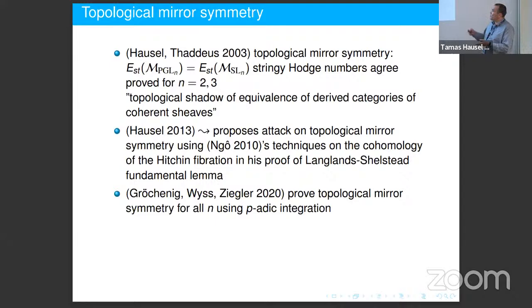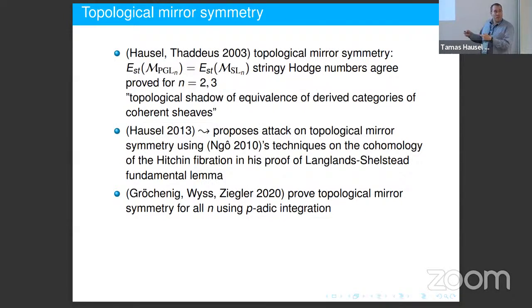Very nicely, it was actually two of my former students, Michael Gröchenig and Dimitri Wyss, together with Paul Ziegler, who eventually managed to find the proof of topological mirror symmetry, but with a completely unexpected technique using p-adic integration, which is somehow conceptually simpler, perhaps, than Ngô's original techniques.